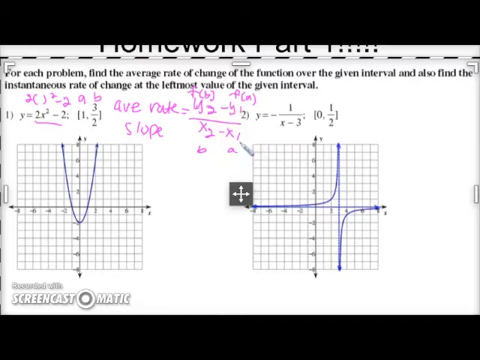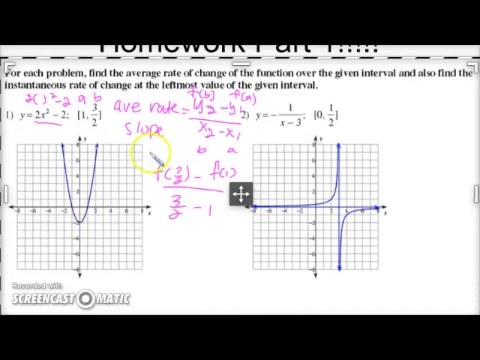Okay? So to do that, I'm going to get f of b, which is 3 halves, minus f of a, which is 1, all over 3 halves minus 1. So I'm going to plug into my equation. Let's plug in 3 halves. Here's the work.